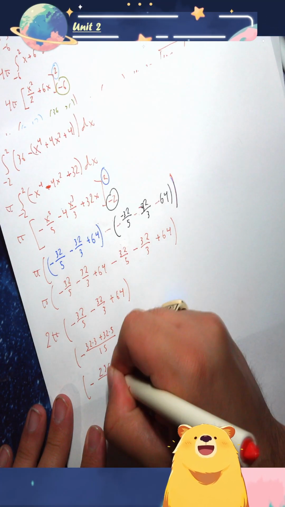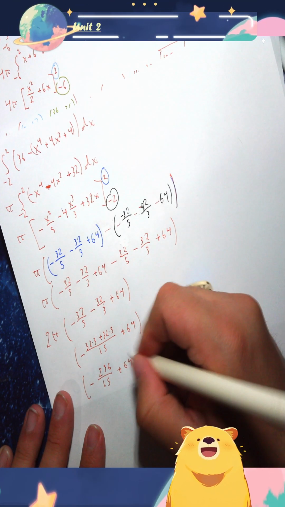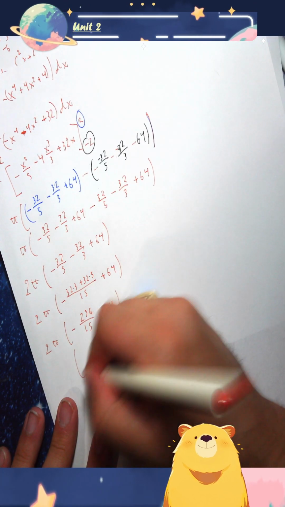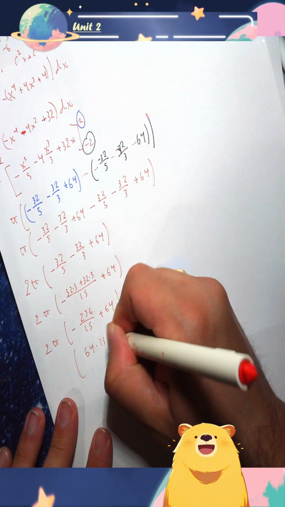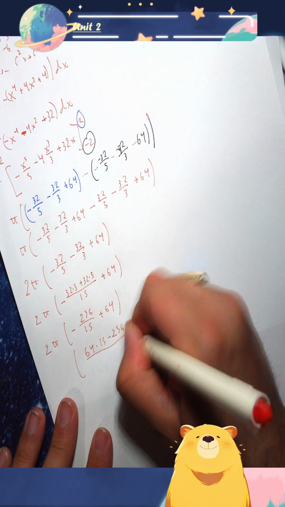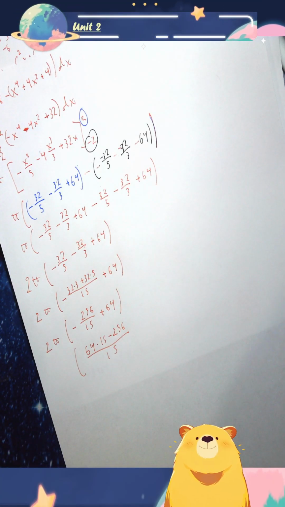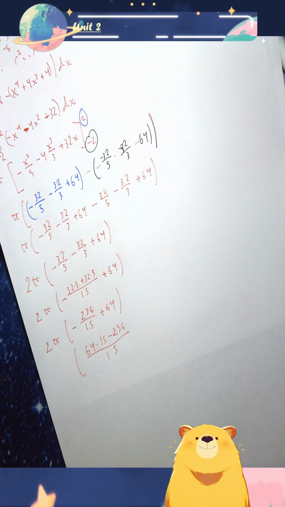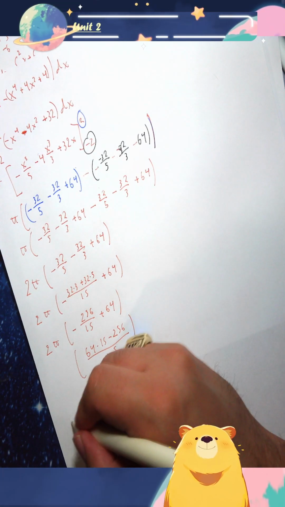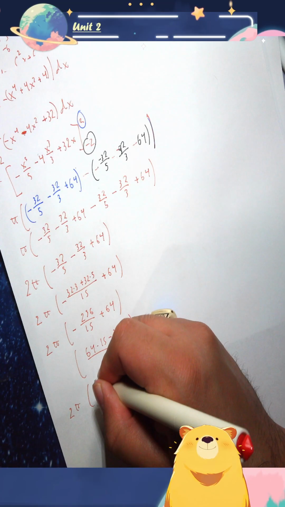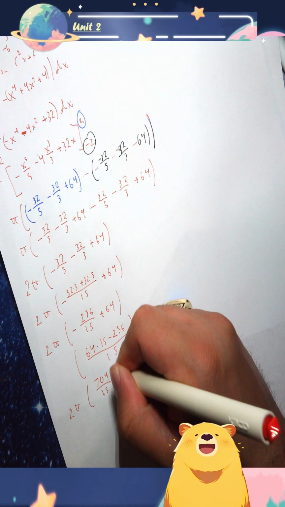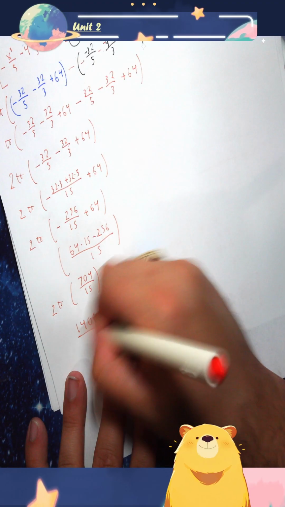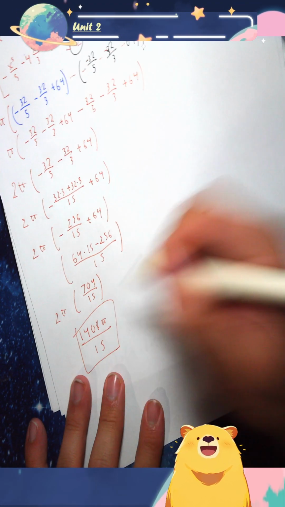Negative 256 over 15 plus 64. Rewrite this. 64 times 15 minus 256 over 15. So 2 pi times 704 over 15. And then we can rewrite this as 1408 pi over 15 as your final answer.